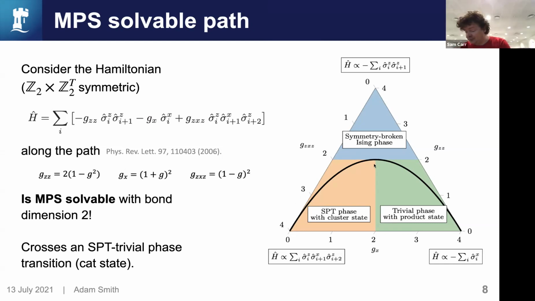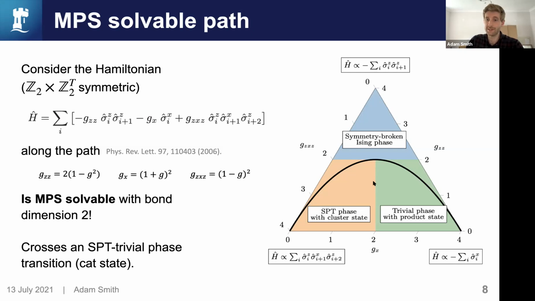So all along this curve, the Hamiltonian is MPS solvable, and the ground state has an exact MPS with bond dimension 2. And one of the cool things about this path is it actually goes across a phase transition. So we go from the trivial phase to the SPT phase. Now that might ring alarm bells for some of you.